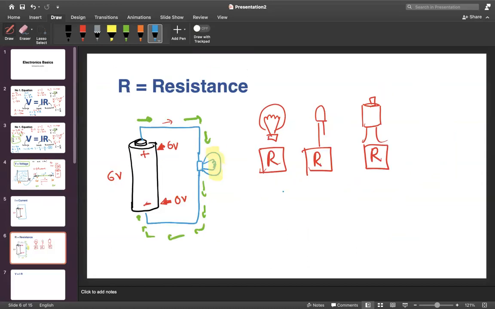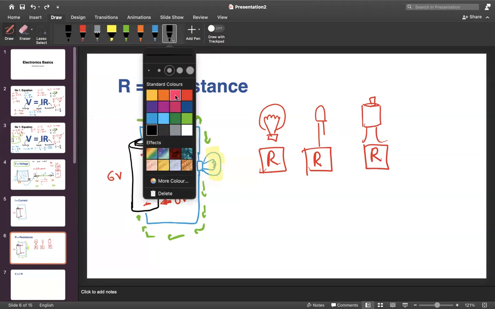So there is a small pressure pump here. Let me draw a pressure pump. Let me take another color. Okay.